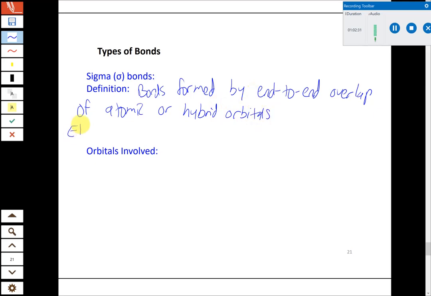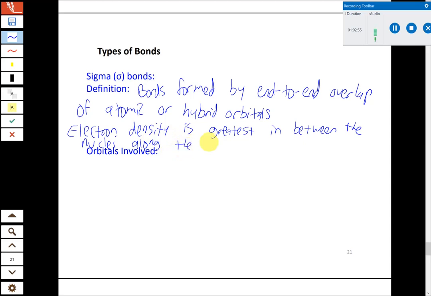And what it means is then that the electron density in that bond is greatest in between the 2 nuclei that are bonded to each other. And it's going to be along the bond axis. So basically, in between the 2 nuclei, you're going to have the greatest electron density for a sigma bond.